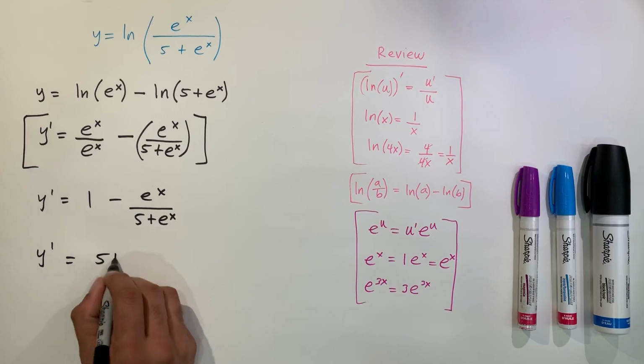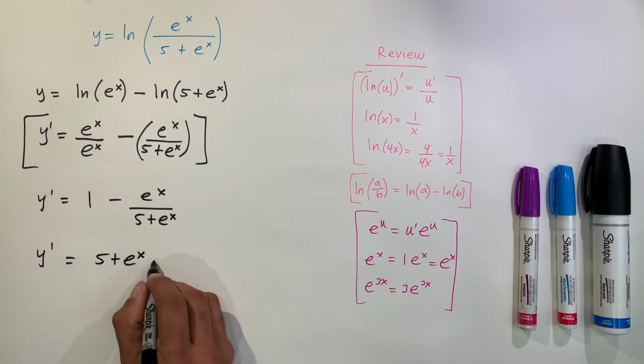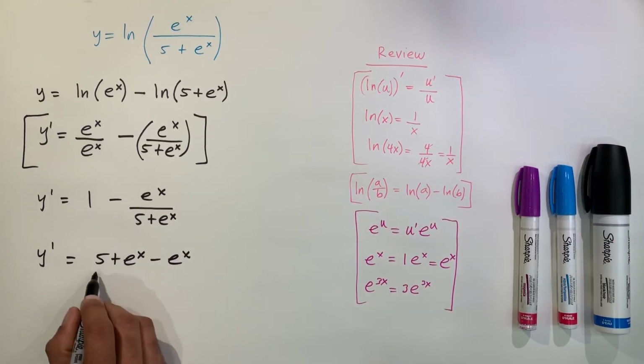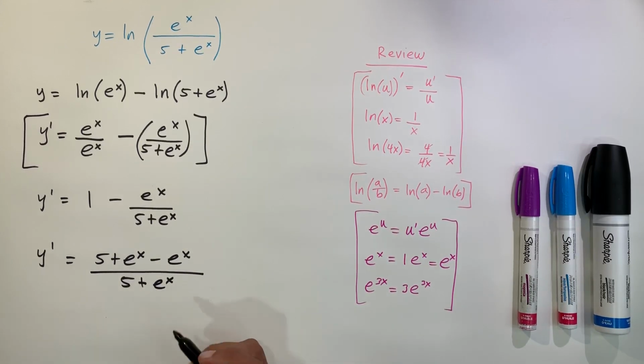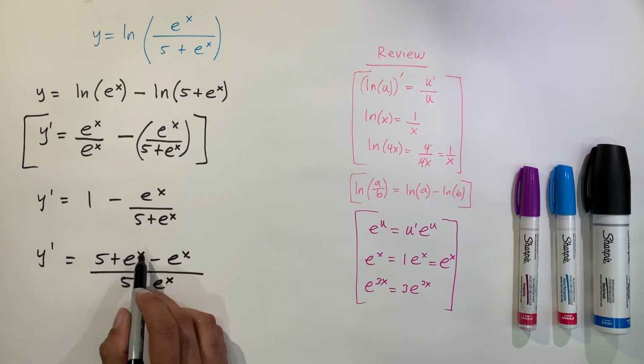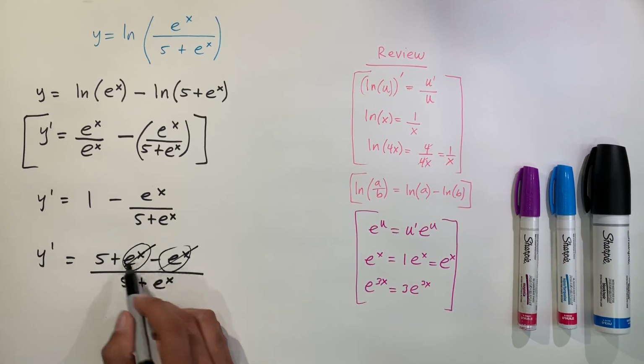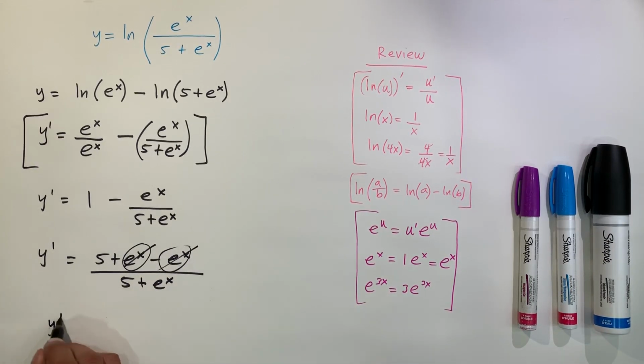So we got 5 plus e to the x minus e to the x, and then we could write the whole bottom as 5 plus e to the x. Okay, we see here that these two are going to cancel out, and so we're left with a final answer, 5 over 5 plus e to the x.